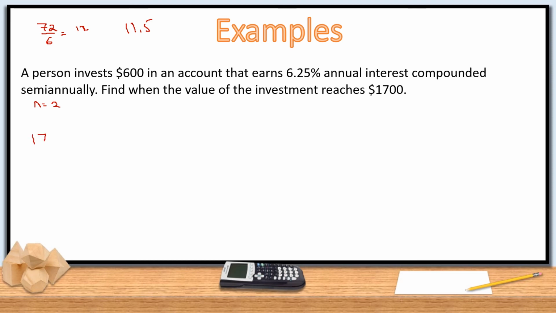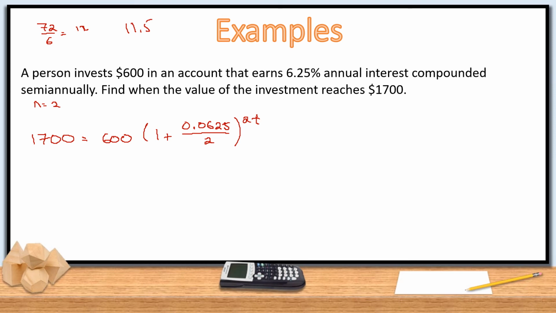All right, so we need 1700 is equal to initial amount invested is 600, 1 plus 6.25% interest, 0.0625. So put in all those decimal places, compounded twice per year to the power of 2t. Graph both sides.